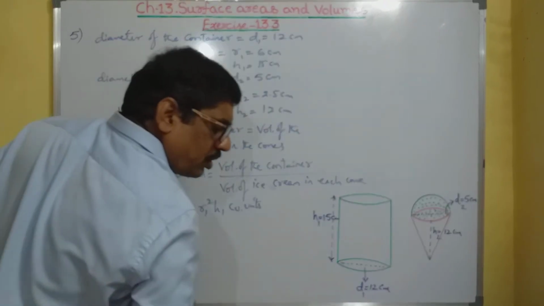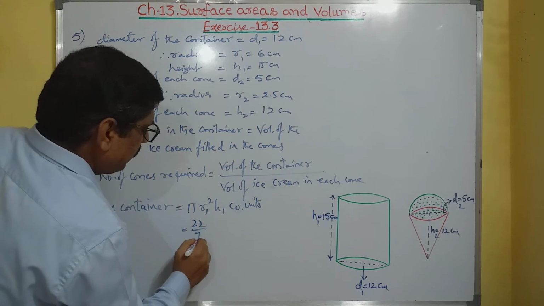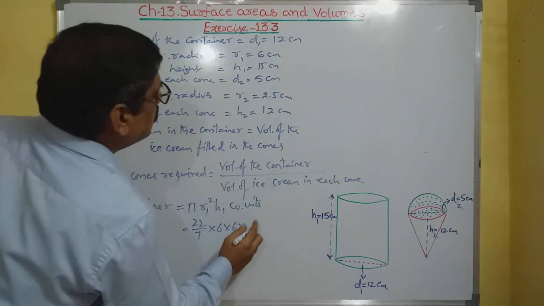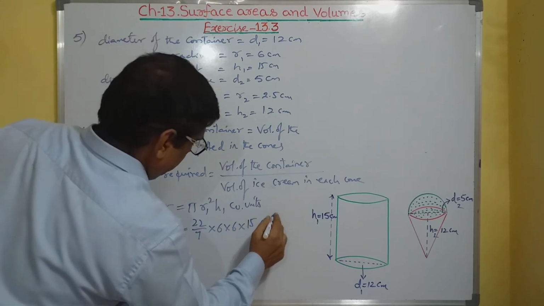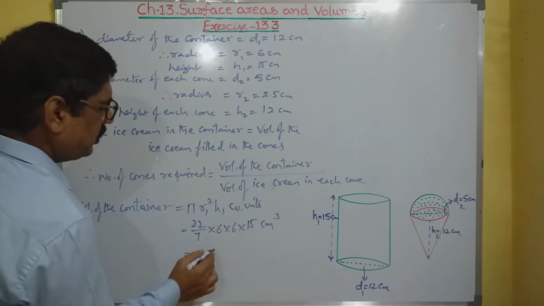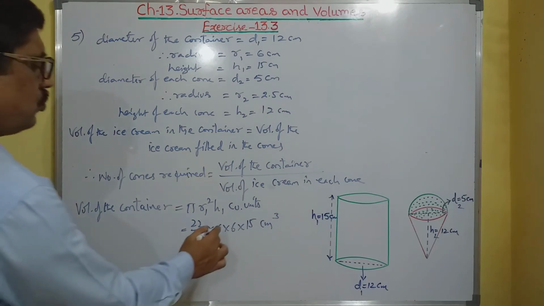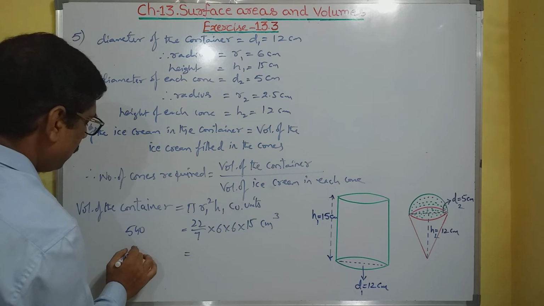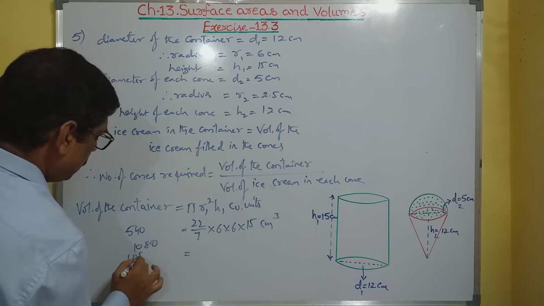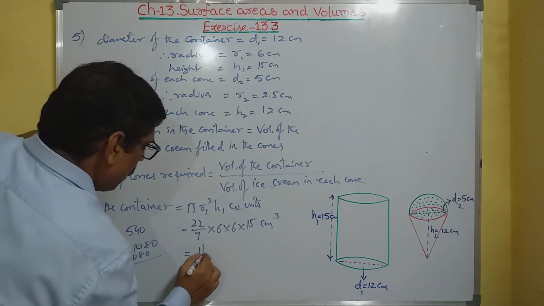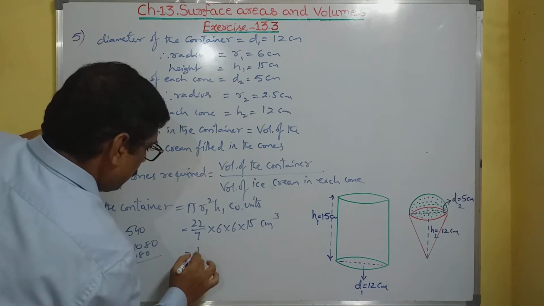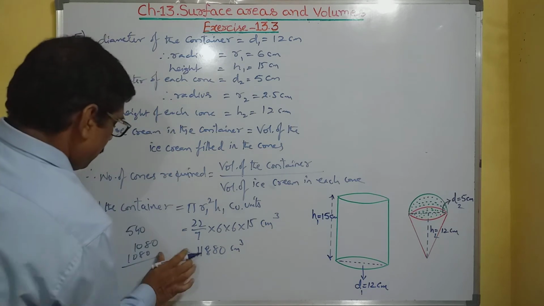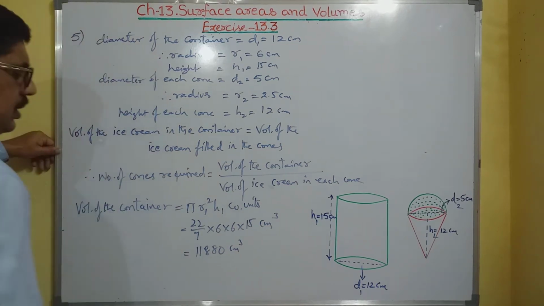Pi value has not been given, so let us take it as 22 by 7 into R1 is 6 into H1 is 15 centimeter cube. 6 15 is 90, 90 6s are 540, 540 2s is 11880 centimeter cube. This is the volume of the container.